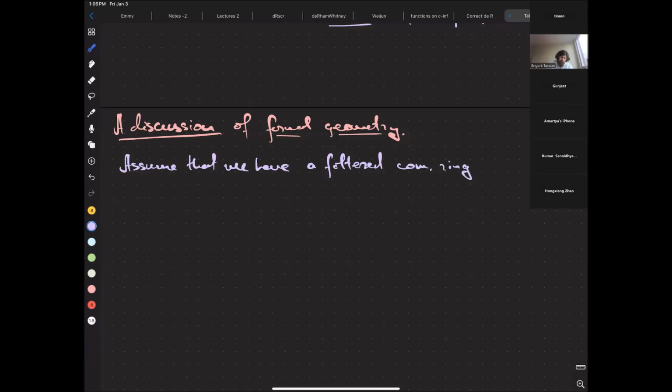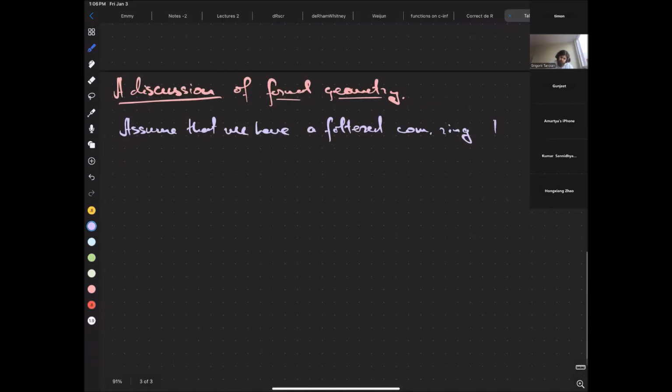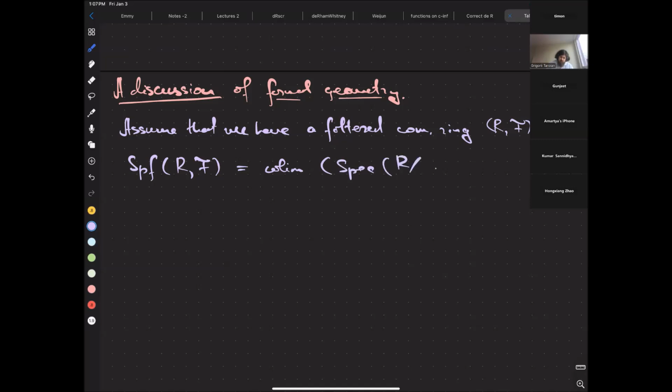Then we can construct the formal spectrum for this by doing the following. The formal spectrum of this pair will be just the colimit in the category of sheaves on schemes, if you want, of usual spectra of quotients with respect to this filtration.